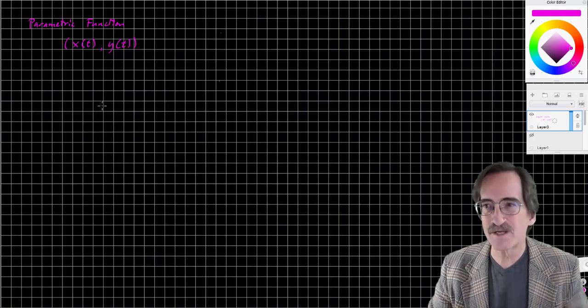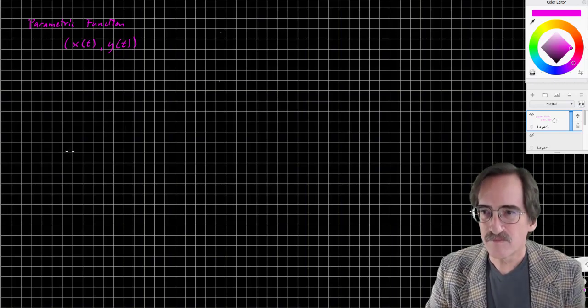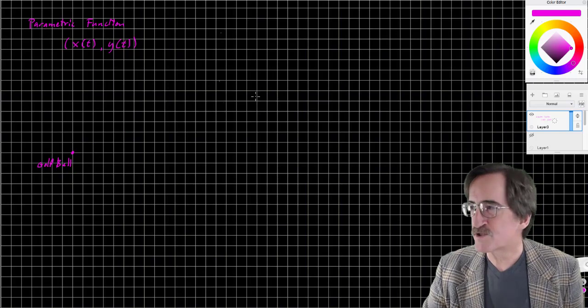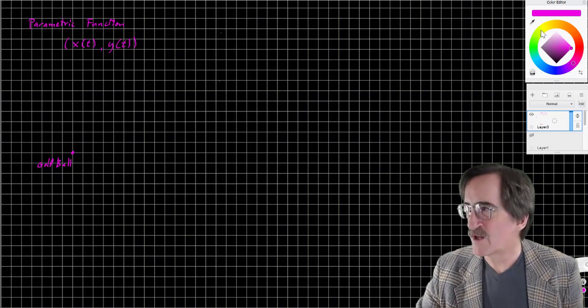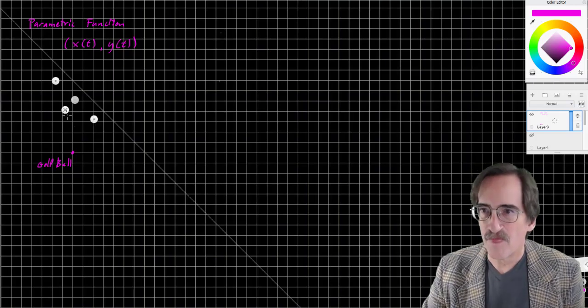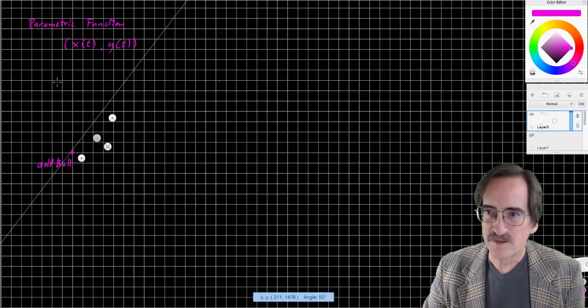Now let's take a classic example. We're going to hit a golf ball, and we're going to strike the golf ball at an angle, and the golf ball is going to leave the tee at an angle of 35 degrees.